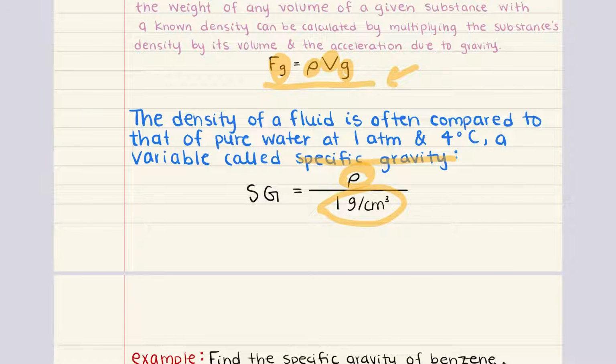Now, since it's a ratio, specific gravity has no units, and it's typically expressed as a decimal. For instance, a specific gravity less than 1 indicates that the substance is less dense than water and it's going to float, while a value greater than 1 indicates it is denser and it's going to sink in water.